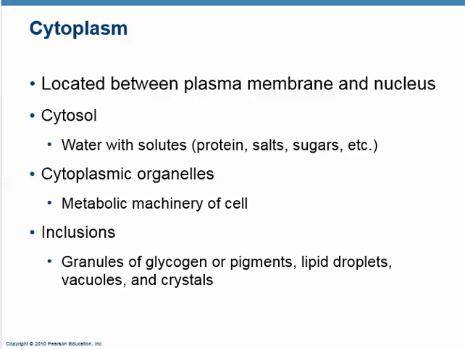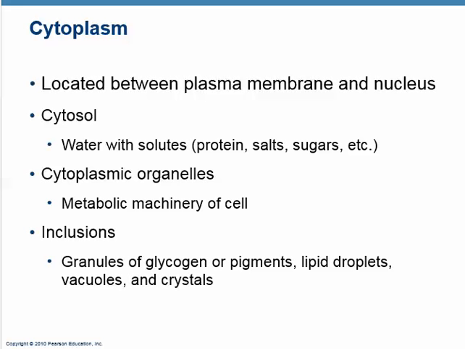The cytosol is considered the solvent. The organelles are structures within the cell that are basically machinery, and inclusions are granules of stuff that are found in the cell, that are visible in the cell.